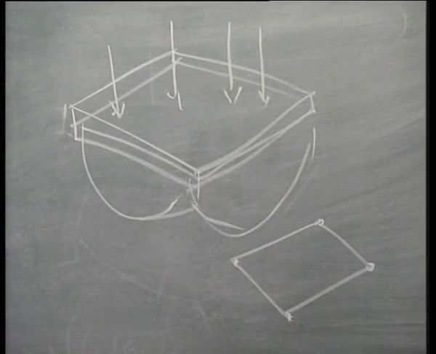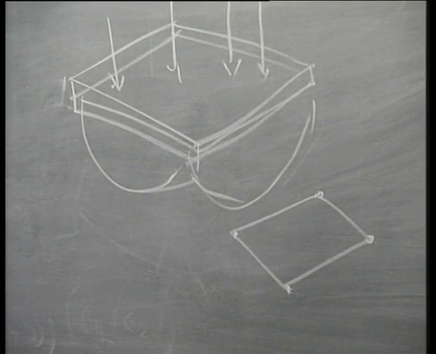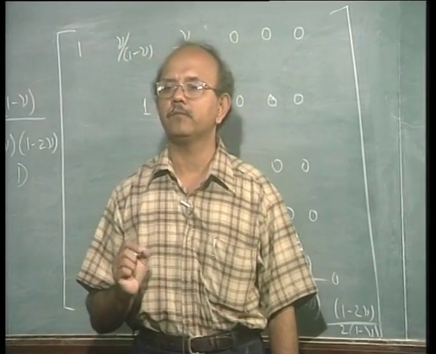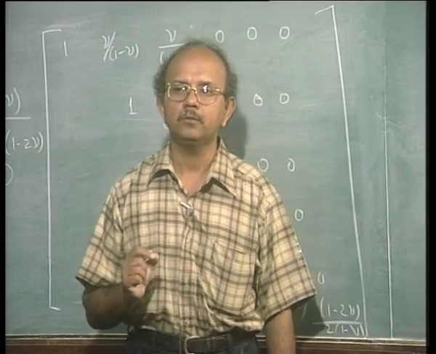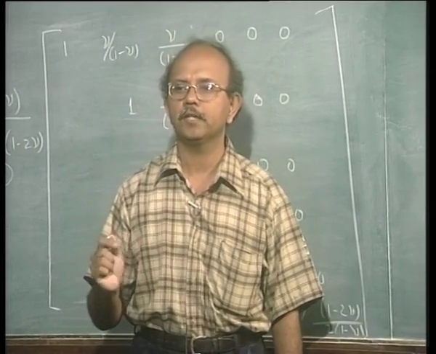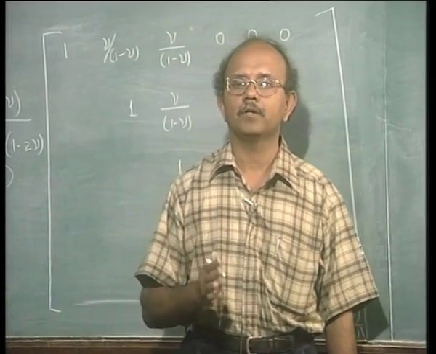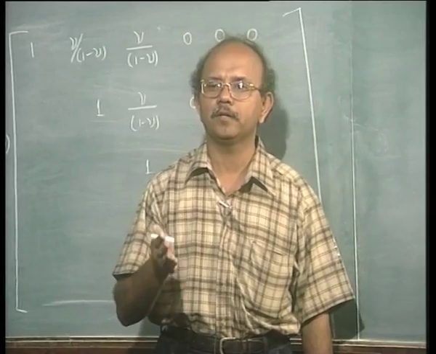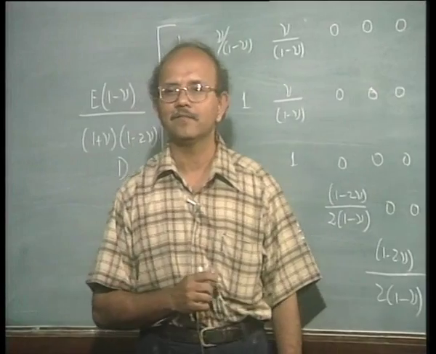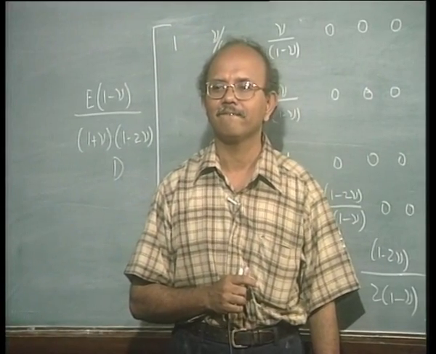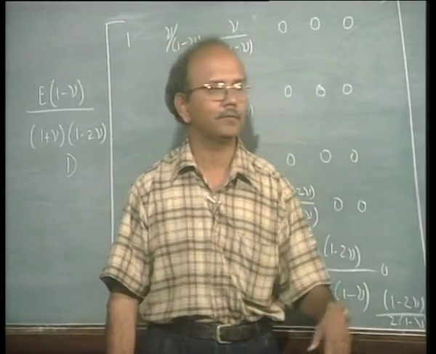So these are the nodes that are of interest to us. What are the degrees of freedom for these nodes? Is it 2, 4, 6? Is it 4, and how are the displacements? Look at the load now. Have a look at this load.